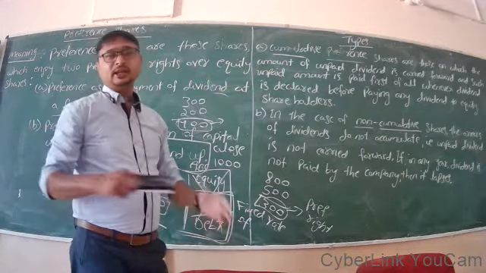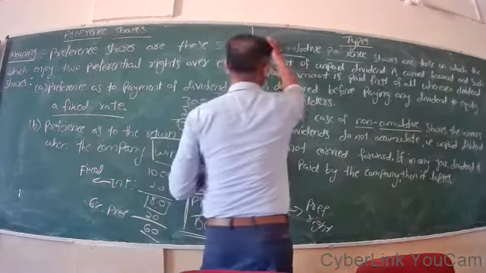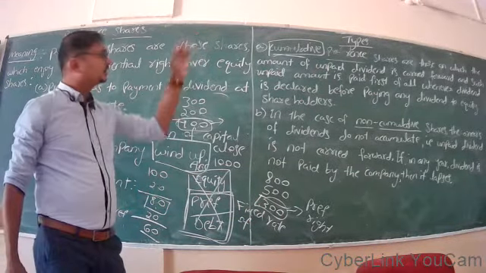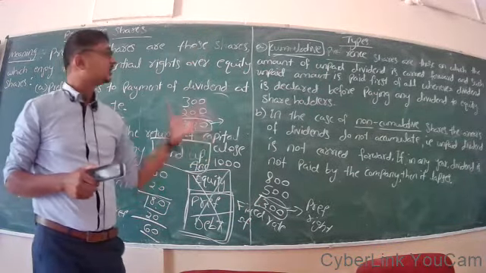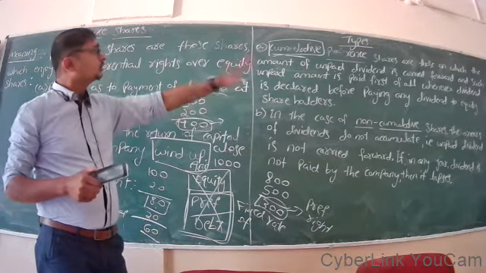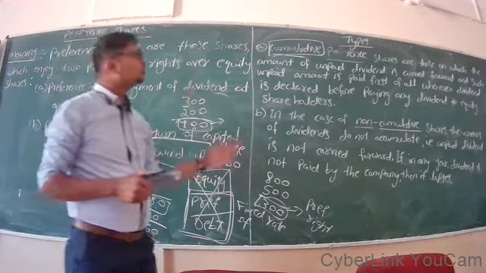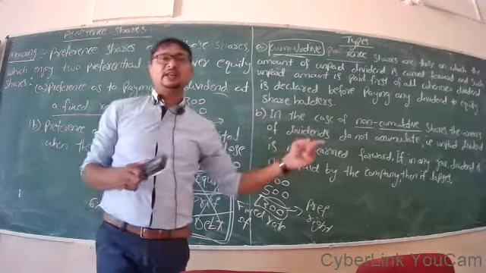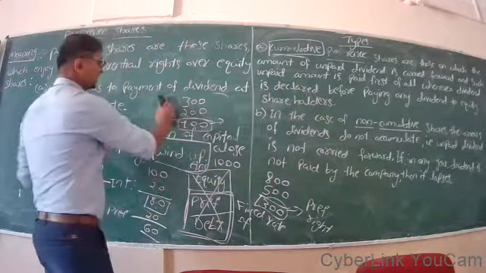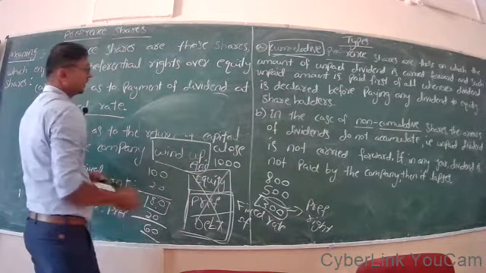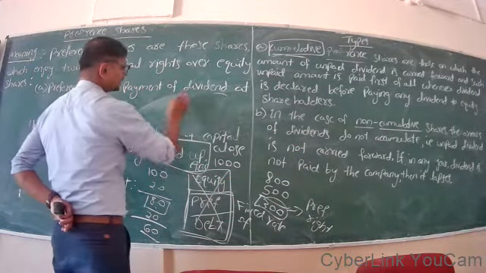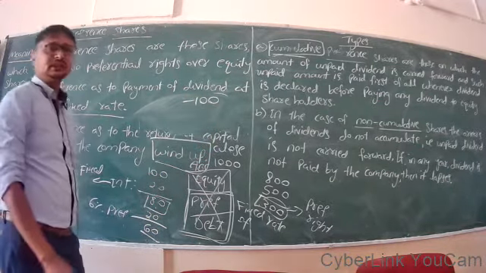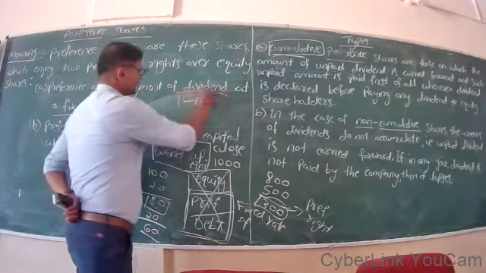So one is cumulative preference shares. Cumulative, the name itself explains accumulate. So cumulative preference shares are those shares on which the amount of unpaid dividend is carried forward. Unpaid dividend in the sense, if the company is under loss this year, say a 100 rupee loss.